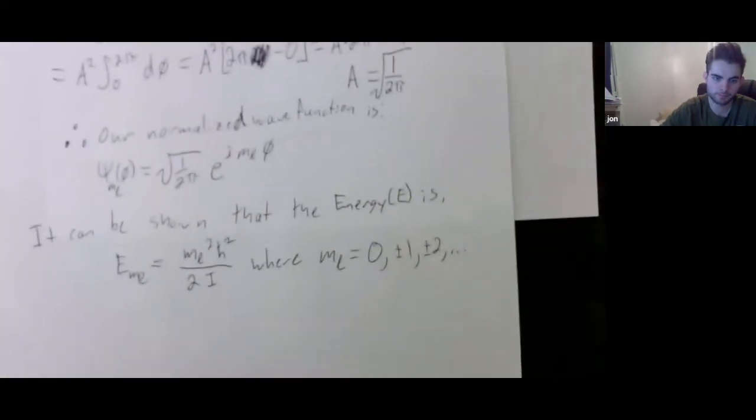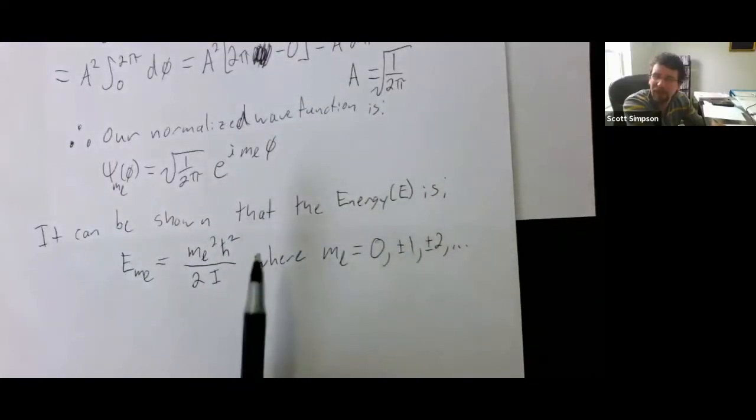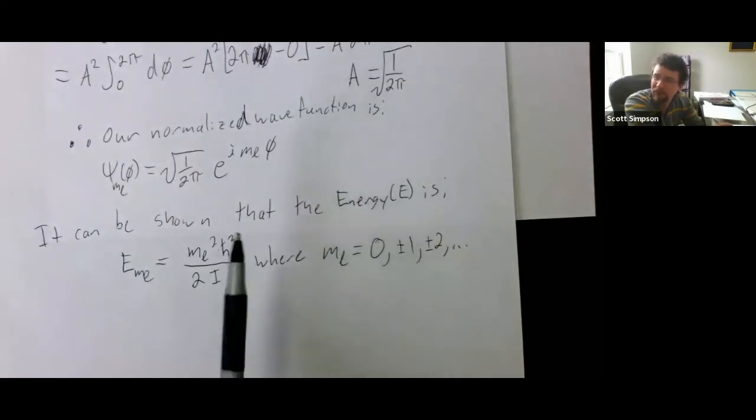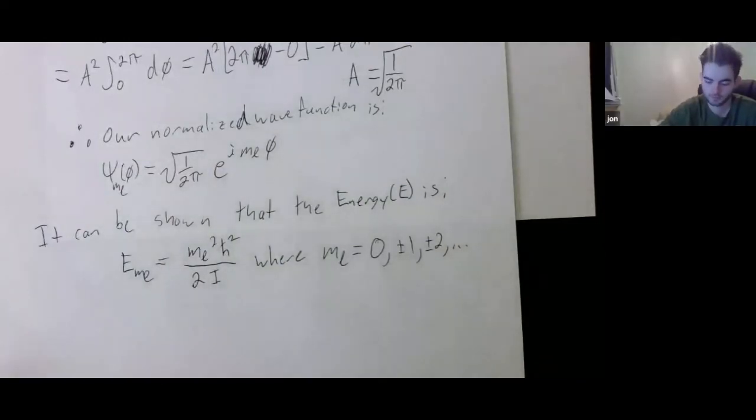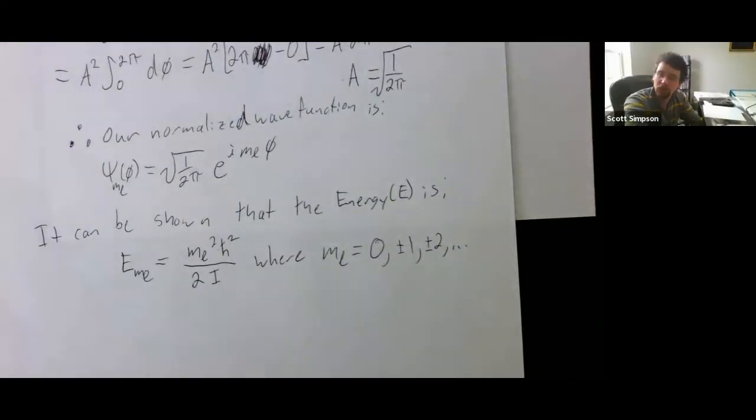Okay. I'm not sure if I'm going to have this be a Quizlet problem or a daily problem, but you're going to have to show how you go from this to this. So you're going to have to use the Schrodinger equation, that Hamiltonian, and solve for that point.